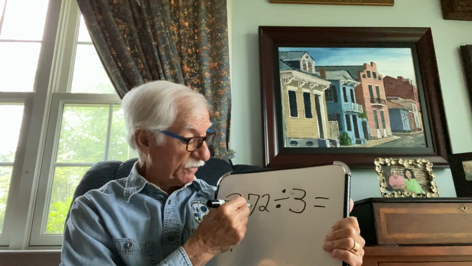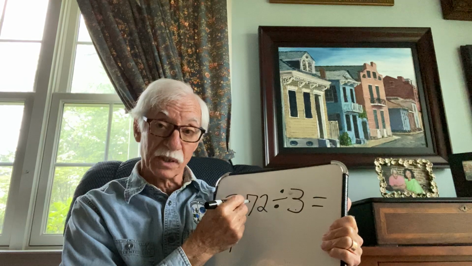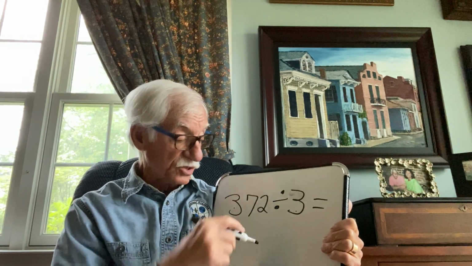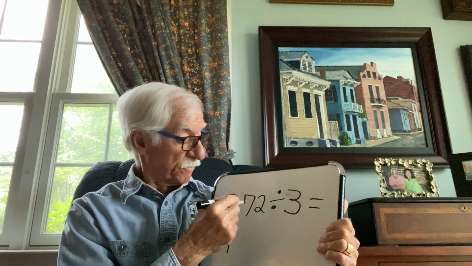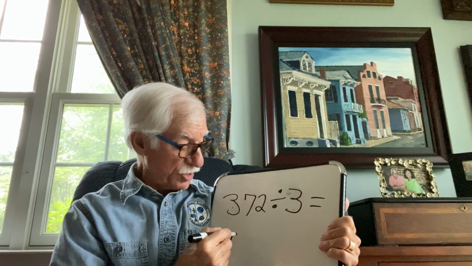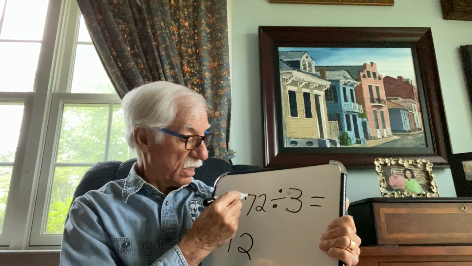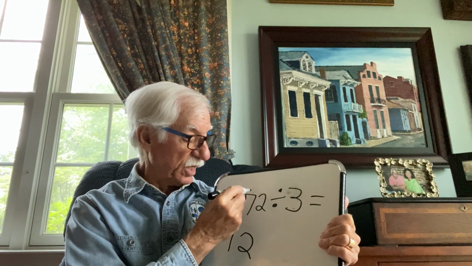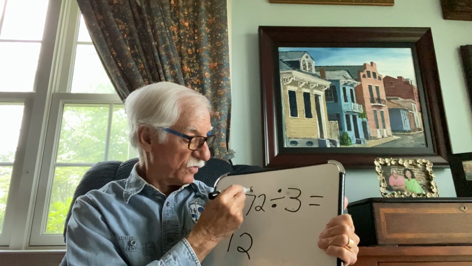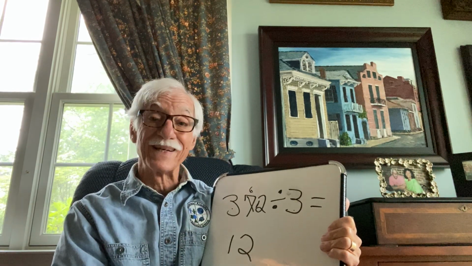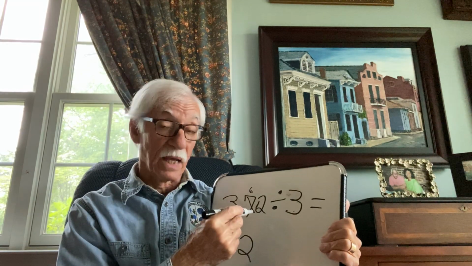If I have 7 tens of books, 70 books to put in the 3 boxes, each box is going to get 2, right? And that's going to use up 6 of these. And I'm going to have 1 ten left over. 10 books.